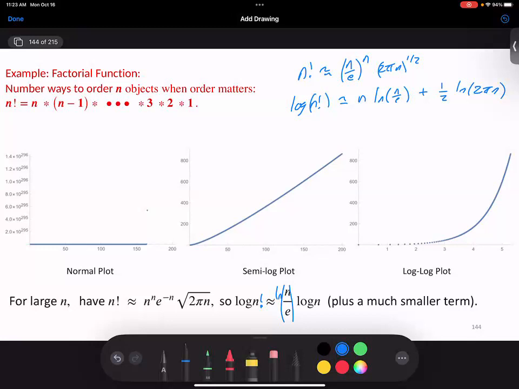So this should be approximately n times the natural log of n over e. Yes. Thank you.